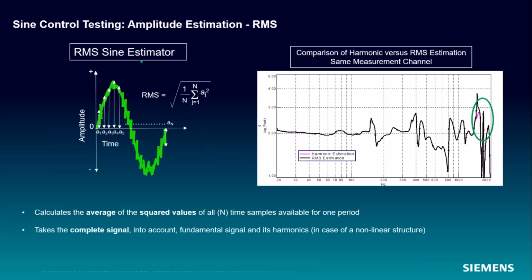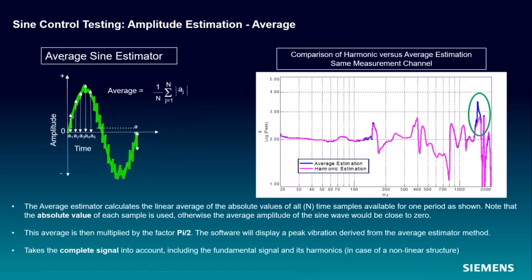Well, then you have these other three estimators that are going to take the noise into account. We have our RMS estimator, which is the next most conservative way, i.e., if you use an RMS estimator over harmonic, your drive voltage is going to be lower because the RMS estimator, which is the black trace here, reads higher. So the control is going to reduce the drive amplitude at this point, to get closer to our reference. Next, we have our average, which again, versus harmonic, you're going to see more deviation.